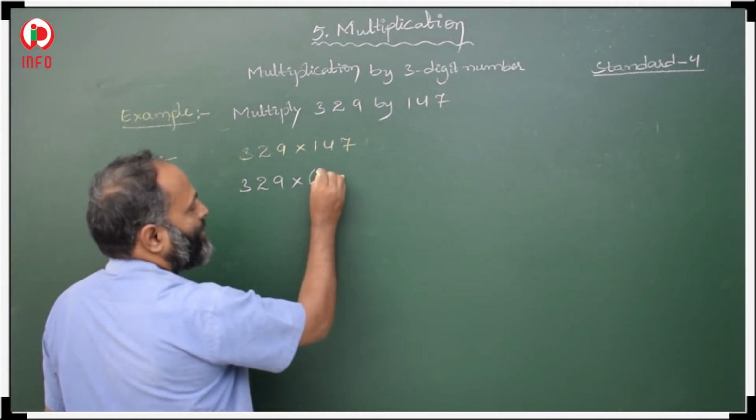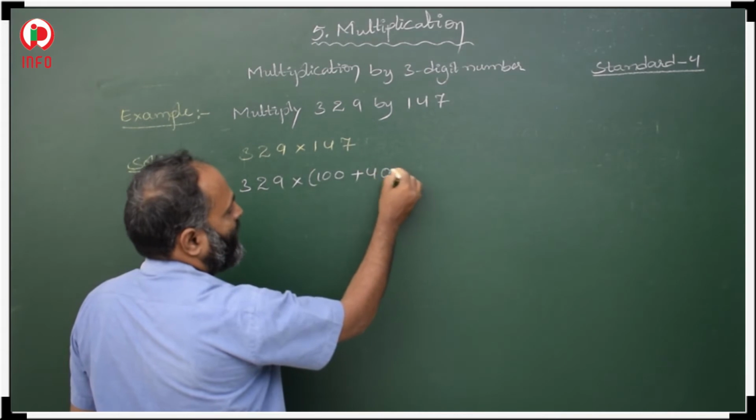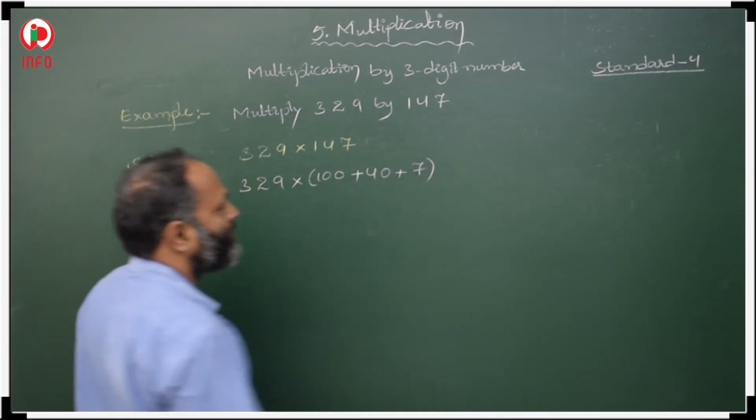1 is in hundreds place, that is 100, 4 is in tens place, that is 40, 7 in ones place, 7.